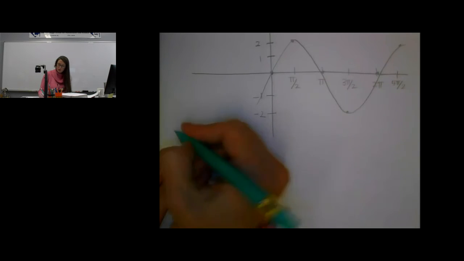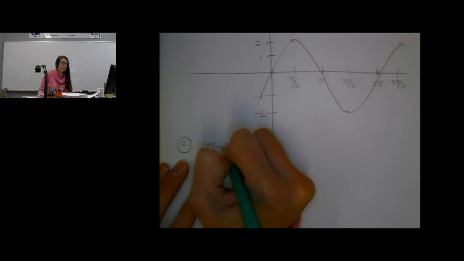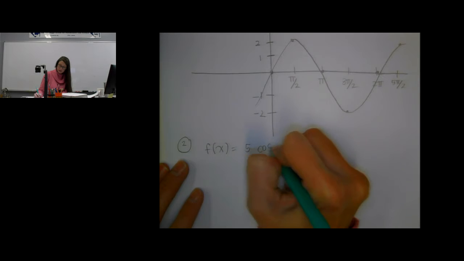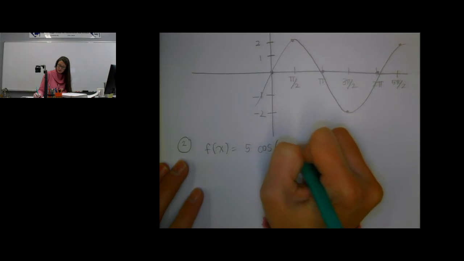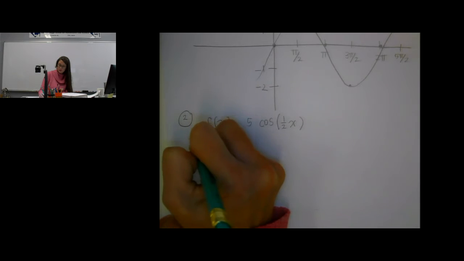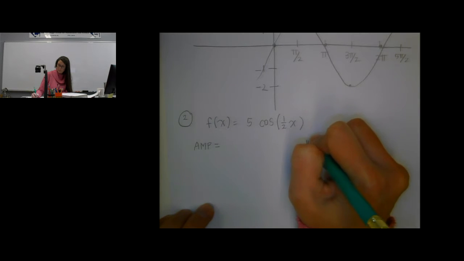Okay? All right, I'll do this one for me. So f of x is going to be equal to 5 times cosine of 1/2 x. So we have to find the amplitude and we have to find the period.